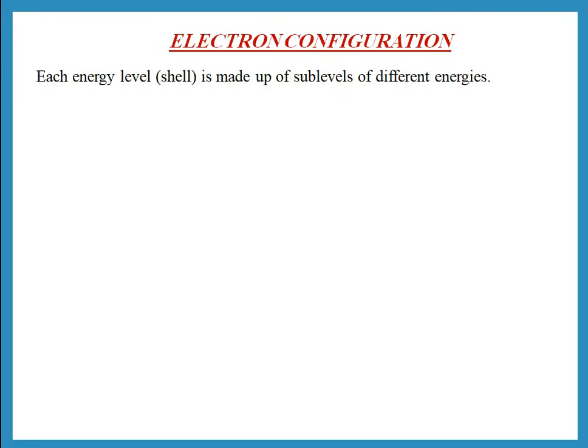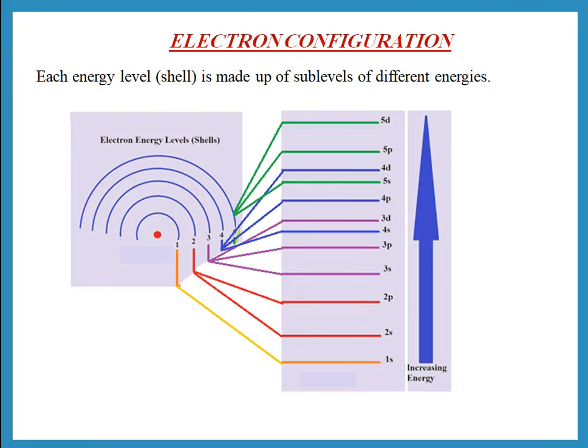Now, the new thing this year is that when we do electron configuration, we're not going to say the first energy level has 2, the second energy level has 8. That's not what we're going to say, because they found out that actually each energy level is divided into sublevels. So the first energy level is not just one place where you have electrons.